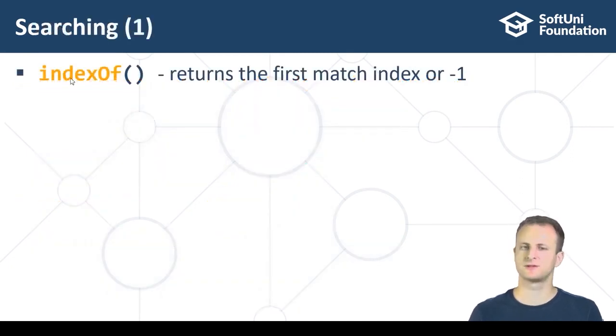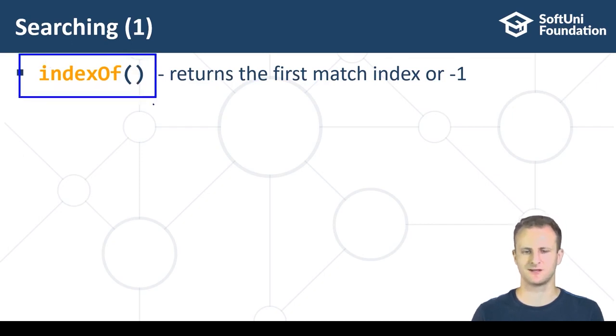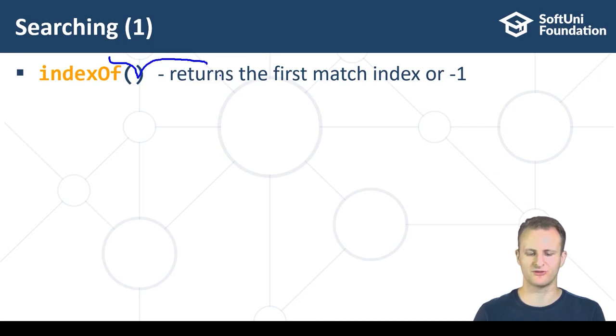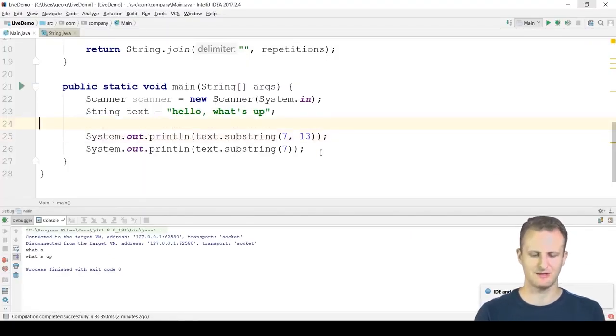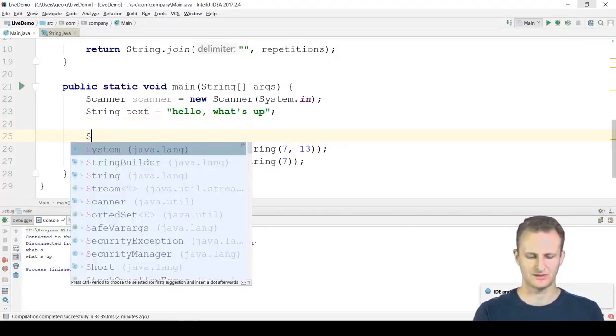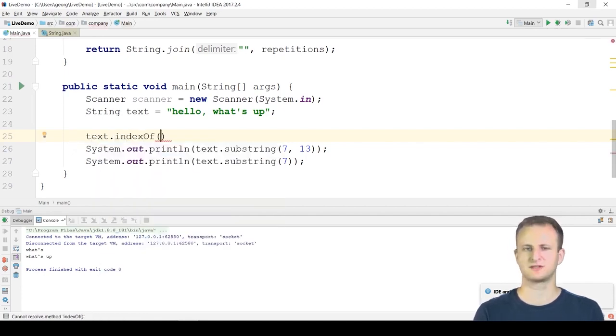Now, another thing you can do on strings is search their contents. If you say indexOf, that's going to return the first match of a string you provide over here, or the index -1. So it's either going to return the first match's index, the index at which it starts, or it's going to return -1. In this case, if I say text.indexOf, and you can provide characters here, or you can provide strings, both work.